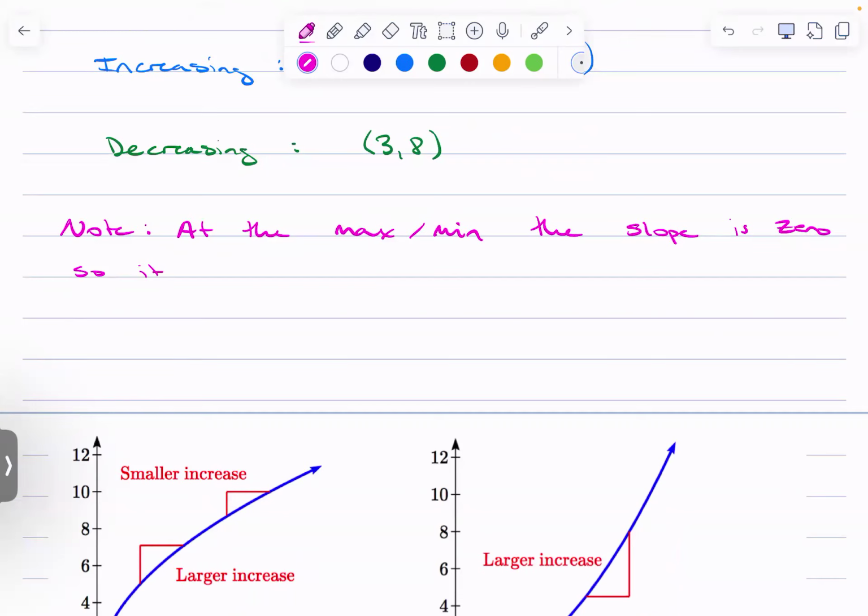So the function is neither increasing nor decreasing. Which is why we exclude those points from the increasing, decreasing intervals.